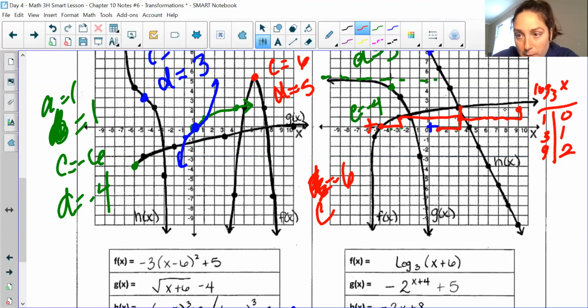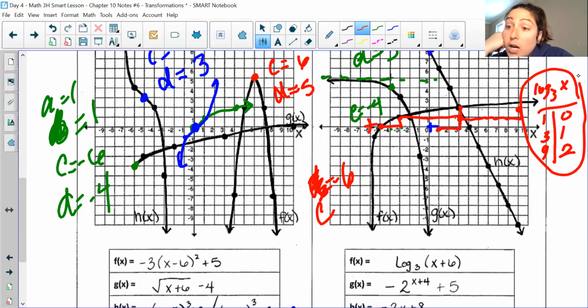So you have to be able to translate what we learned 2 chapters ago with logarithms to then figure out what this base is. So once you have your hunch of what base you think it is, graph the parent function, double check, is that actually the base, and go from there. So we end up getting f of x equals log base 3 of x plus 6, because again, the only shift here was a horizontal shift, left 6.